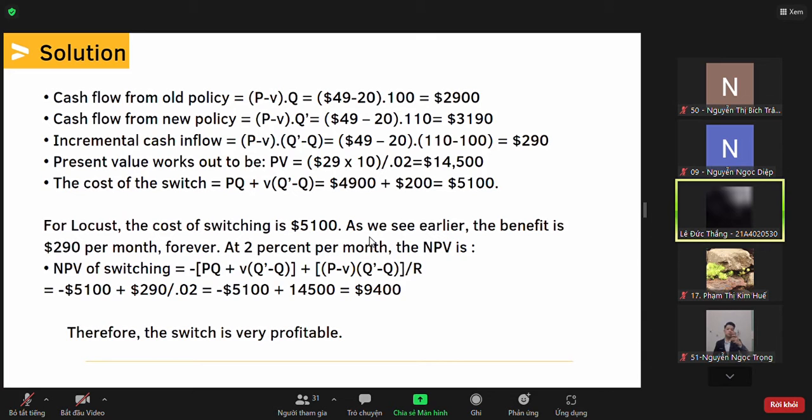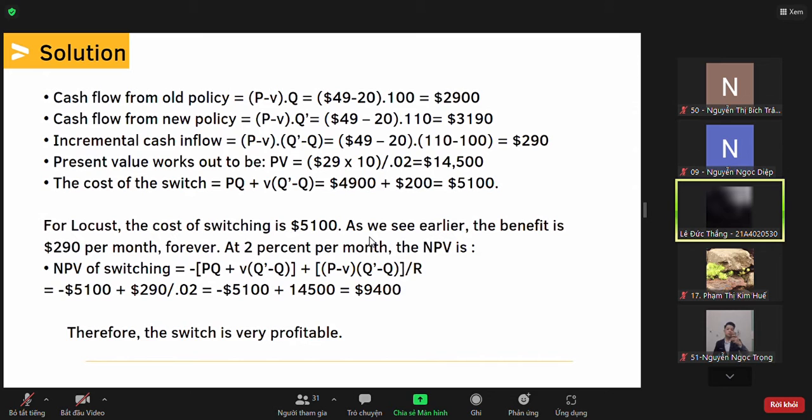And we move to the cost of the switch, which is $5,100. As we saw earlier, the benefit is $290 per month with the required return as estimated.